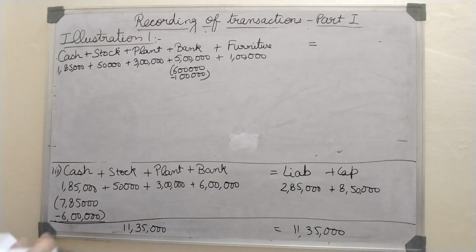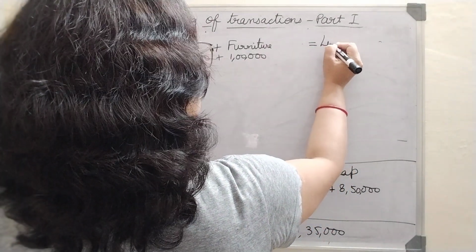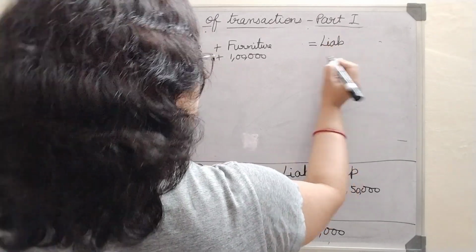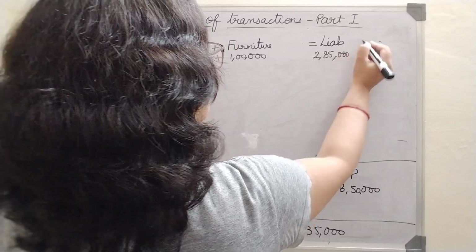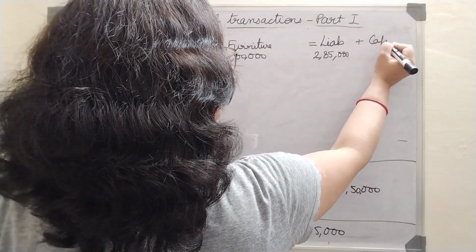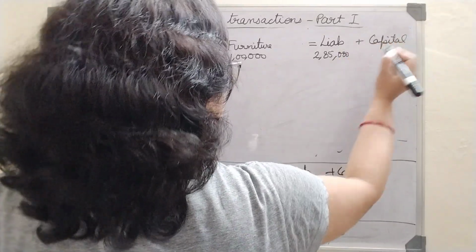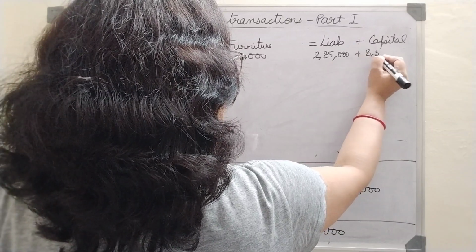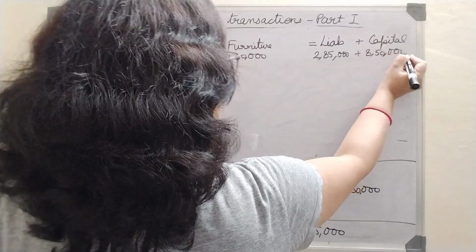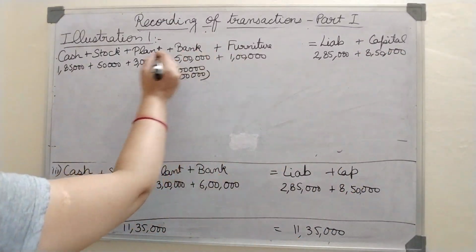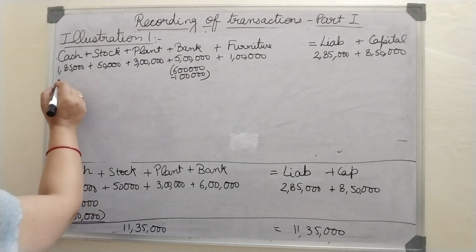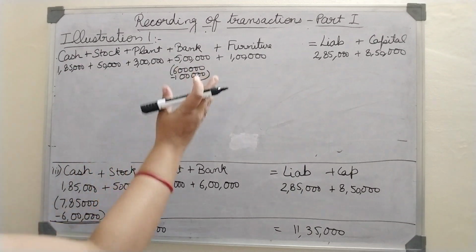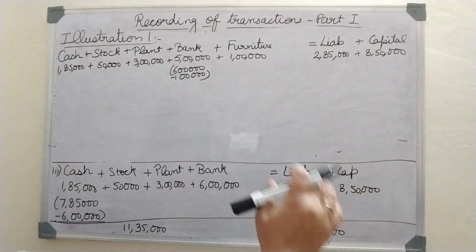Now liabilities and capital remain the same. 2,85,000 plus capital which is 8,50,000. Putting commas will always be better. How you learned in your maths, it will help you to understand that you have put the zeros properly.